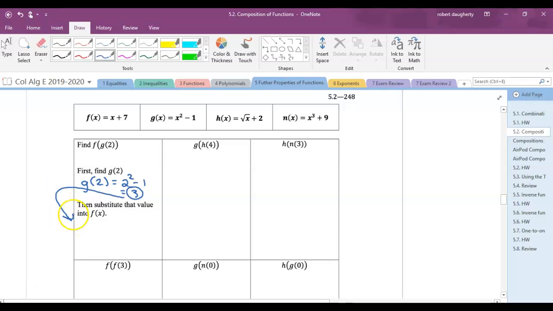So f of 3 is going to be 3 plus 7, which is 10. So this one's a little bit backwards, in that you start with the inside. If you're looking for a specific evaluation, start with the inside number. g of 2 gives you a number. That number gets plugged into f. So 10 is f of g of 2.